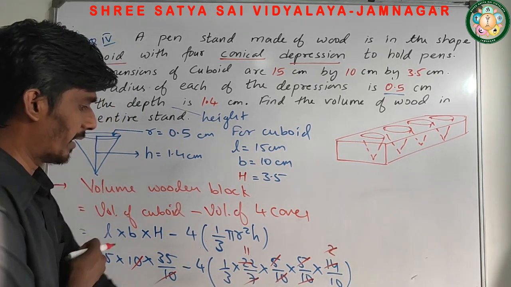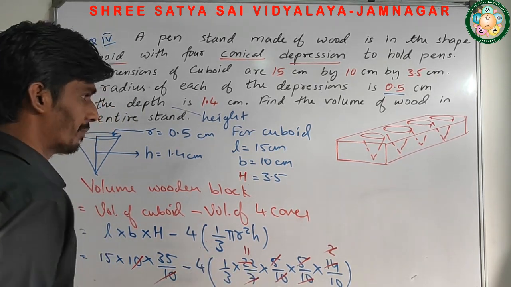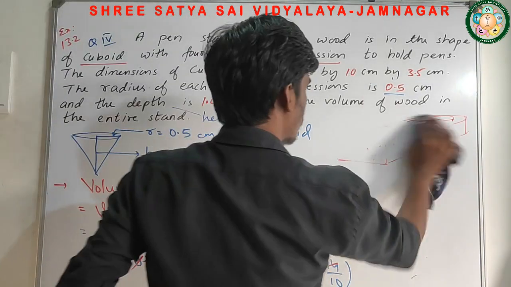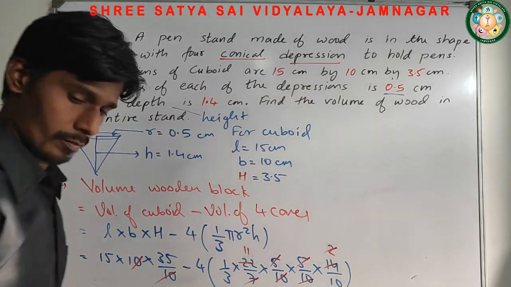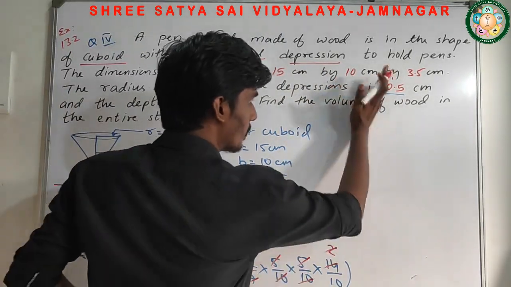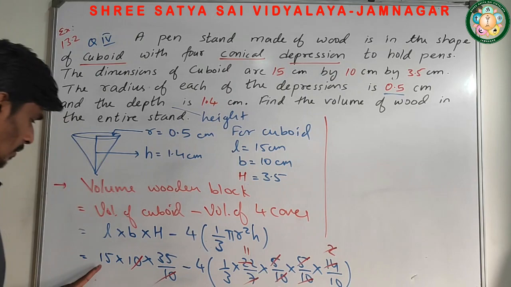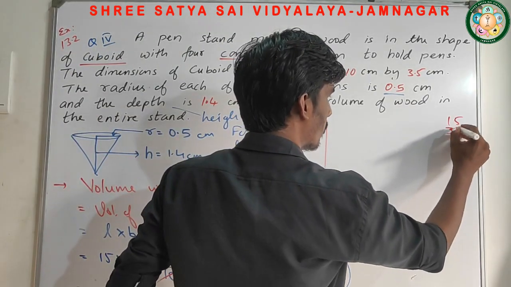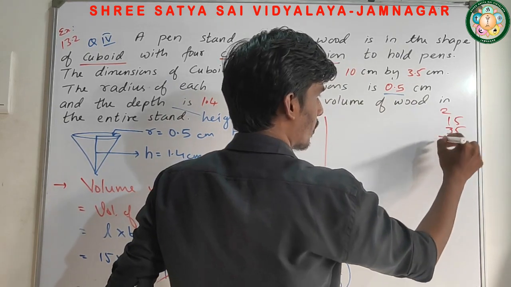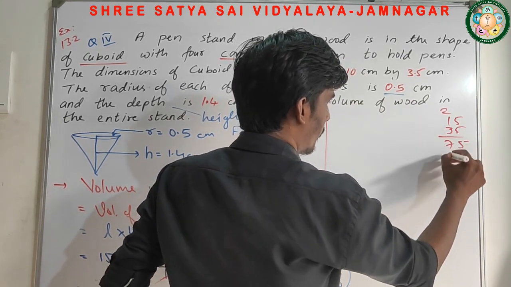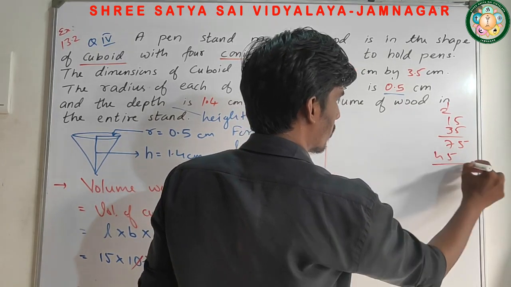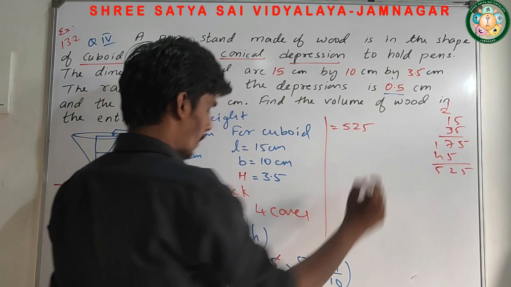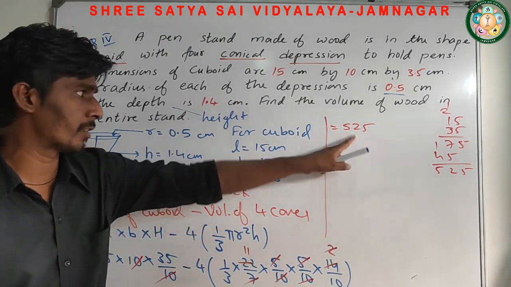So what is remaining in the numerator? Now we can write here 15 into 35. 15 into 35 means 525.